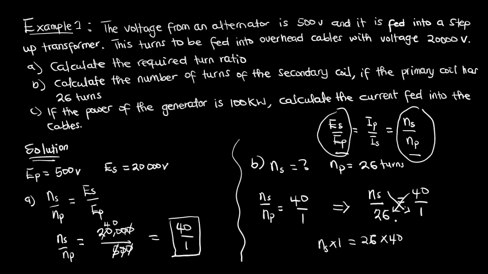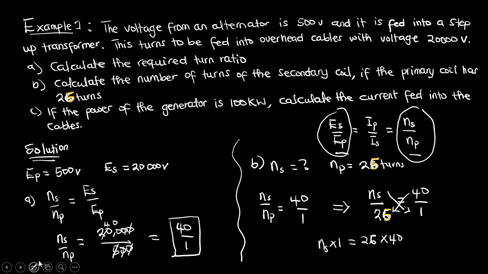Are we okay? Sorry, this is supposed to be 25 turns, so we are dealing with 25 over here, so this is also 25, so let me use another color for that. But regardless of whether it's 25 or 26, the answer you will get is simply multiplication.